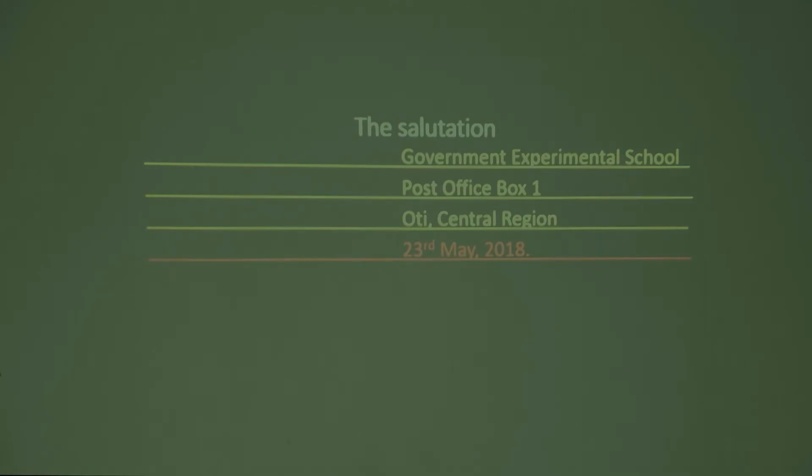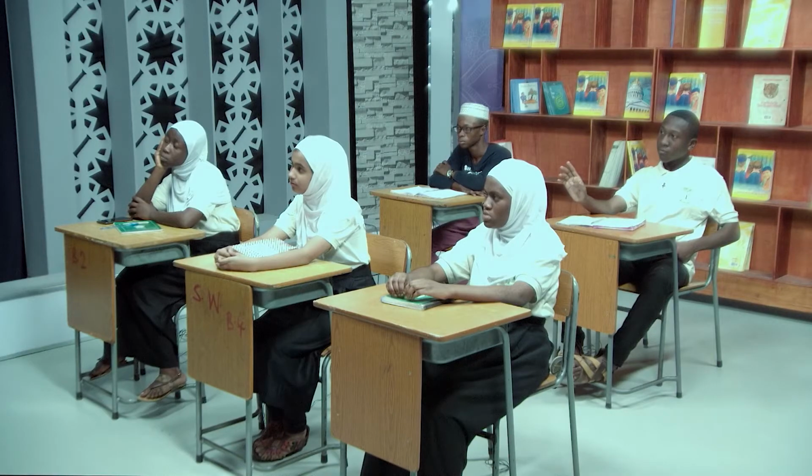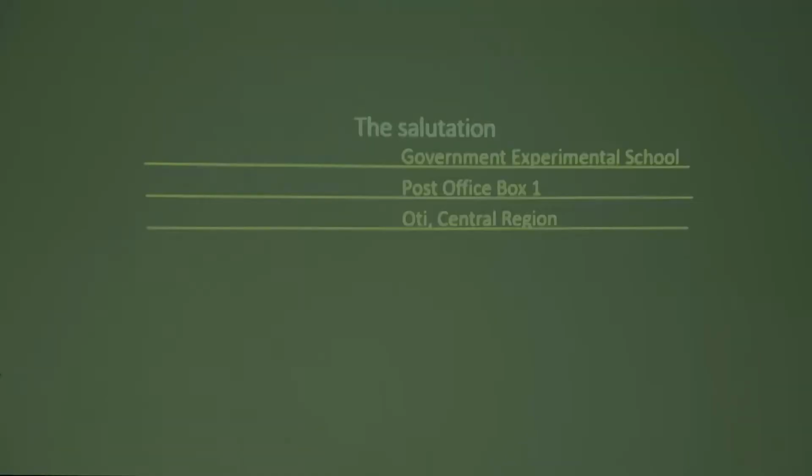Let me take away the date and ask, what kind of address is this? Hafiz? It's a block address, unpunctuated. Good. This is block, and at the same time what? Unpunctuated. Good. Take note of how it is written.